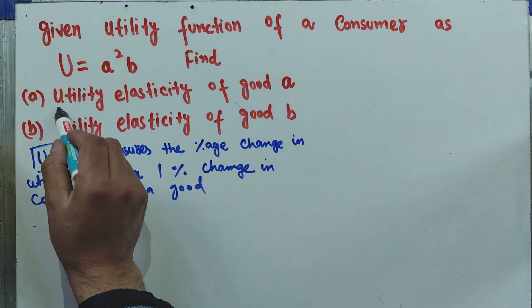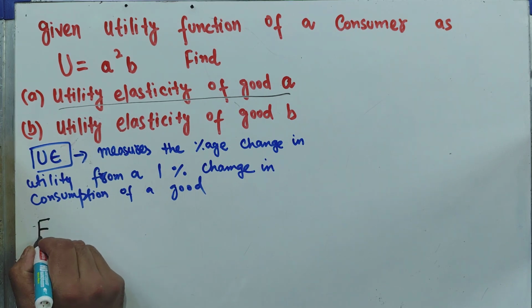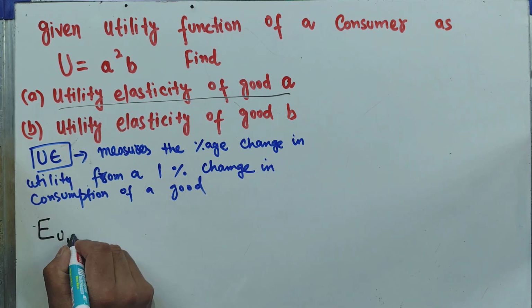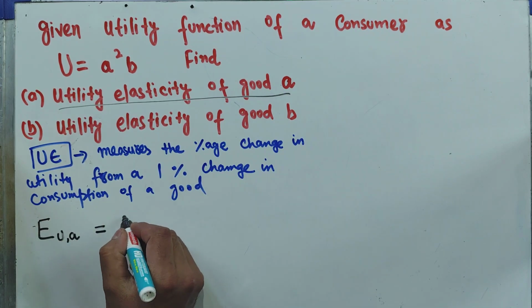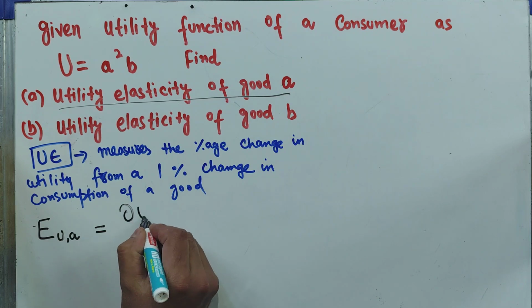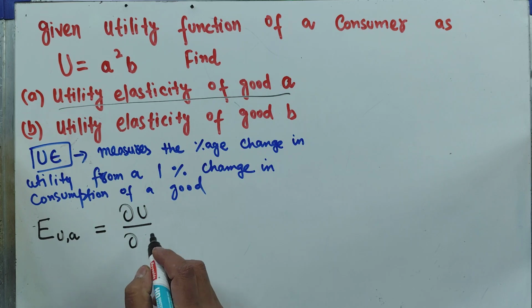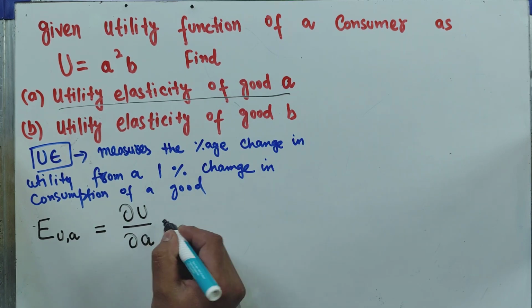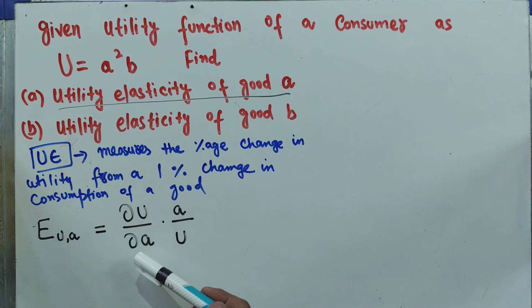The utility elasticity of good A, denoted by E subscript UA, is given by the change in utility due to the change in the consumption of good A, that is du upon dA, times A upon U.